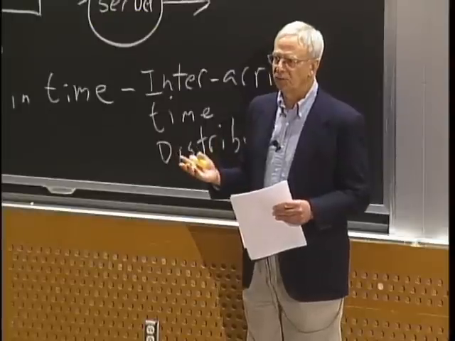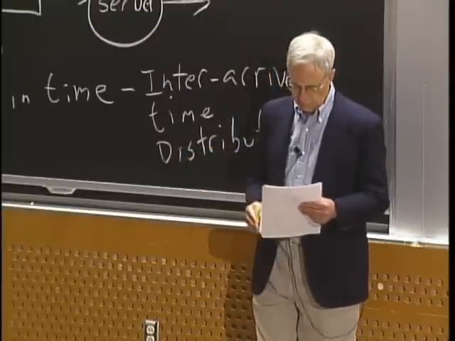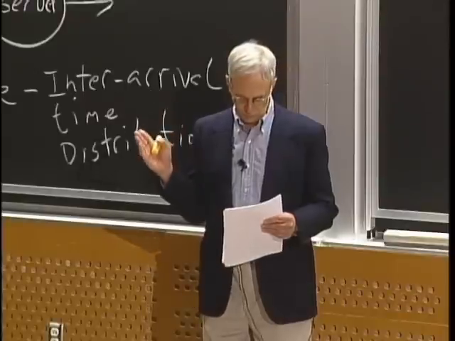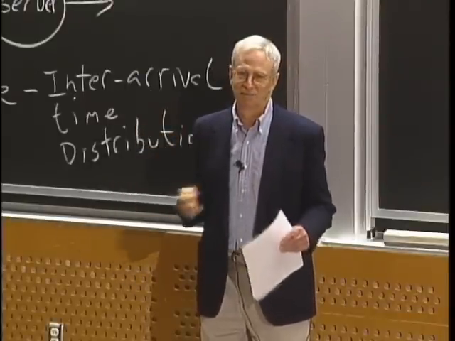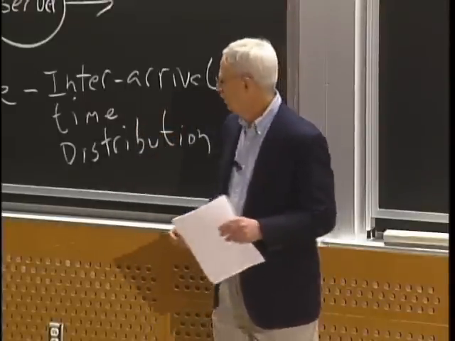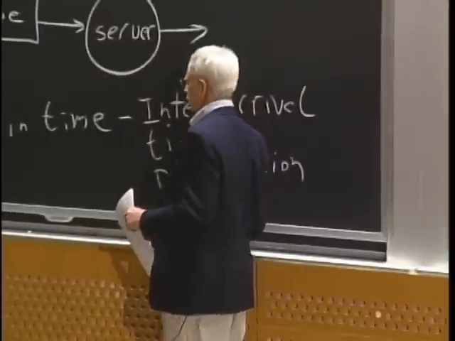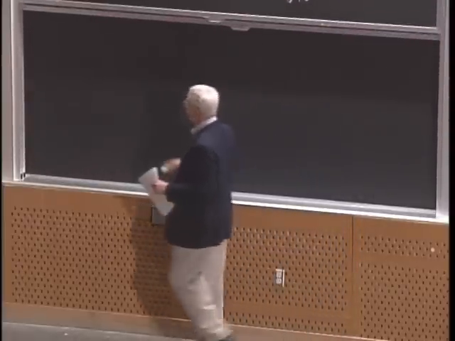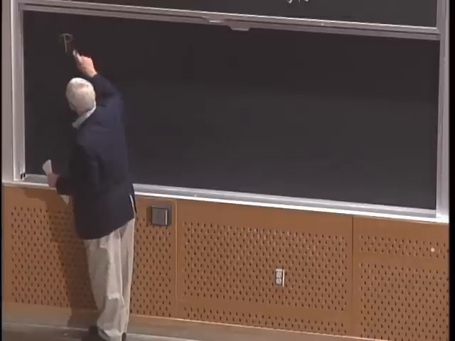The simplest process is where these things do arrive at regular, constant intervals. We hardly ever see this in the real world. Most of the time, we see something that looks much like our old friend the Poisson process.